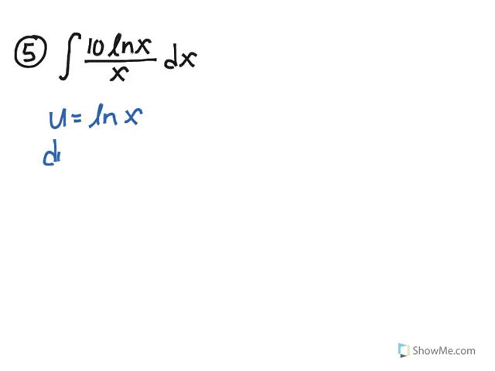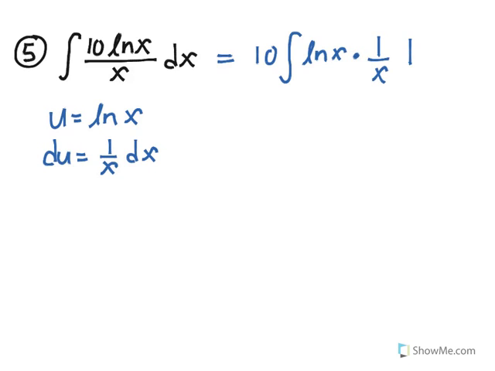What is the derivative of ln x? Well, the derivative of ln x is 1 over x. Tack on the dx. And we pretty much have that going on here. If you take a look at the original function, I'm going to pull that 10 out in front. And then we can say that this is the natural log of x times 1 over x, and then a dx.